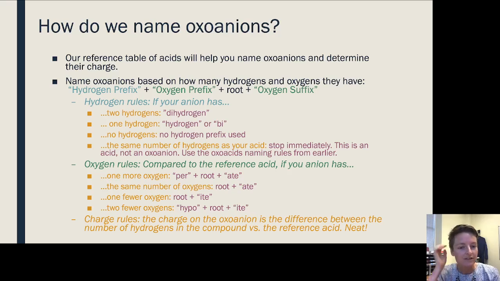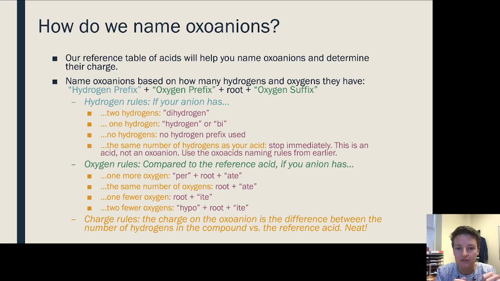So the rules are going to be that anytime we want to name an oxoanion, we're going to start off with a prefix that tells us something about the number of hydrogens present. Then we're going to add a prefix that tells us something about how many oxygens there are relative to the reference acid. And then kind of just like with our oxoacids, we'll have the root word that describes what that third element is.